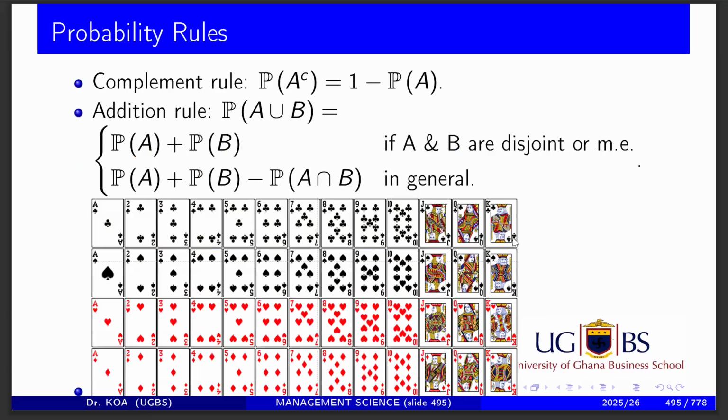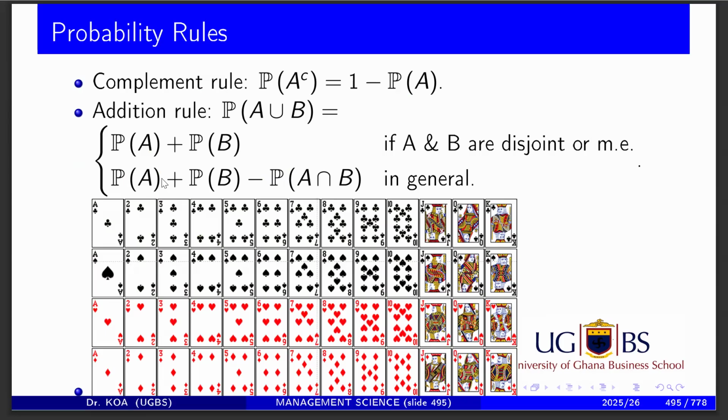Now, let's move on. The complement rule: the probability of A complement is 1 minus the probability of A. The probability of A union B is the probability of A plus B, which is the one we just did if there's no intersection. That's why A and B are disjoint, or mutually exclusive.